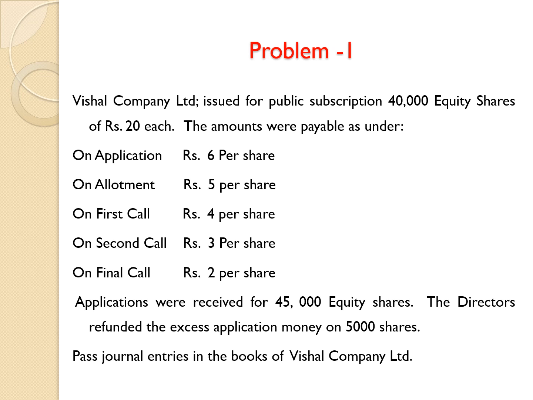The company invited applications and the collection amount is fixed as under: on application rupees 6 per share, on allotment rupees 5 per share, on first call rupees 4 per share, on second call rupees 3 per share, and on final call rupees 2 per share.